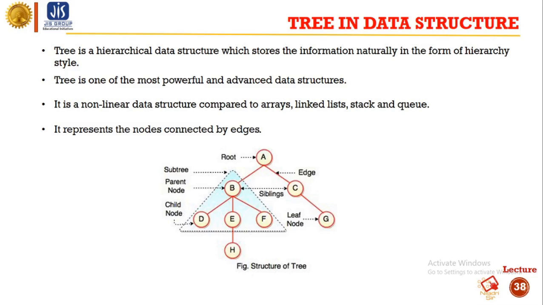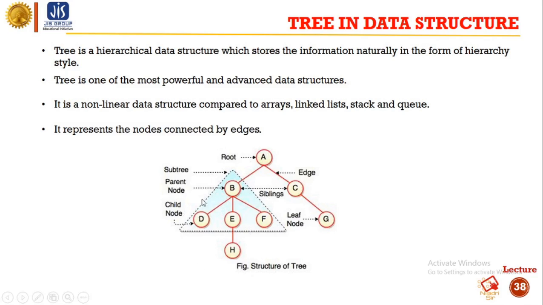So this is a basic pictorial representation of a tree. A is basically the root node. The root node is the topmost node in the tree hierarchy. A has two parts.